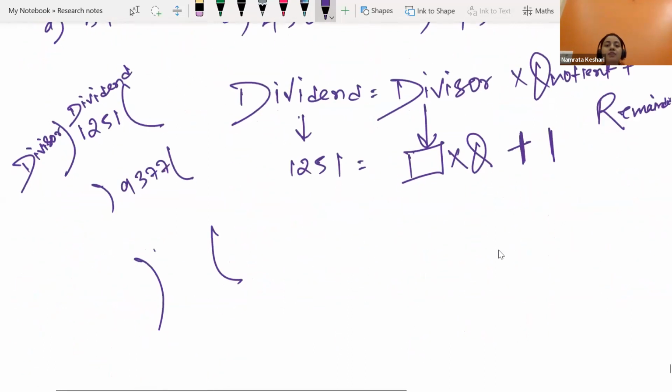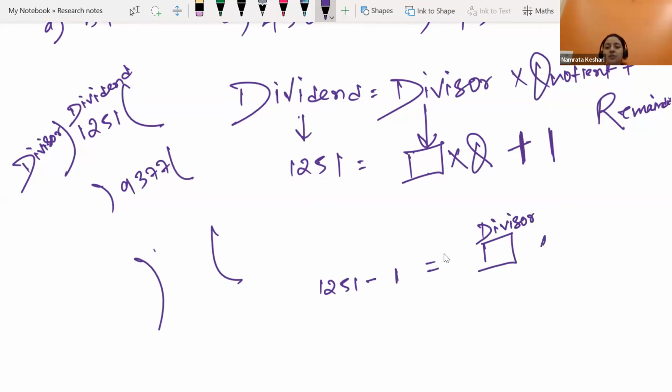If you simplify it, you can see we can pull the remainder to this side and subtract it from 1251, and we will be left with the divisor into quotient. Can you see it, Gungun? Yes, ma'am. So that's why we are doing the subtraction.